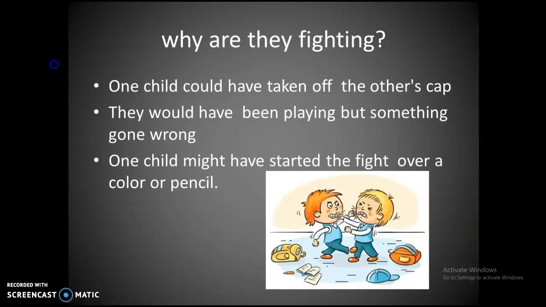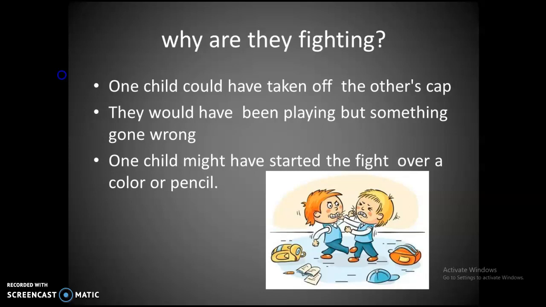We're going to check the next example. The picture is about children who are fighting. So, we're going to deduce why they are fighting. The first example says, one child could have taken off the other's cap.